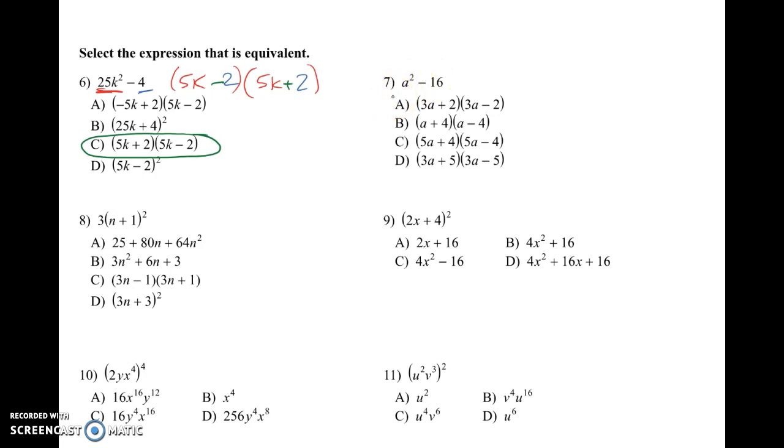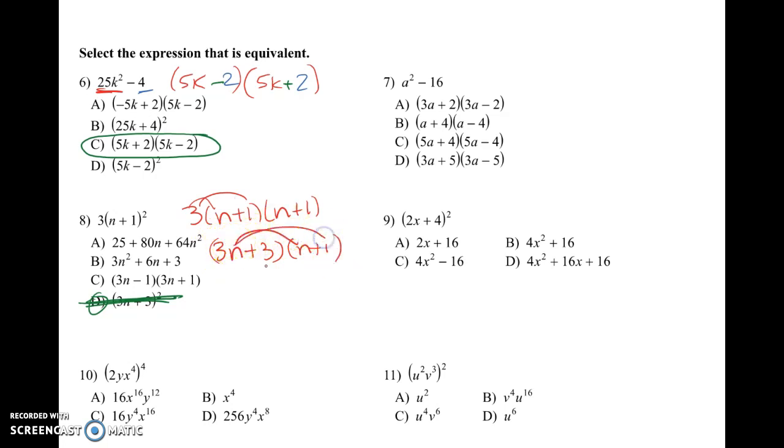Now, number 8, some of you would say, oh, distribute this, and I would get D. You cannot distribute this because of the square here. This is n plus 1 squared. So remember that n plus 1 squared is actually n plus 1 times n plus 1. Okay, so now I can distribute this, and I could get 3n plus 3 times n plus 1.